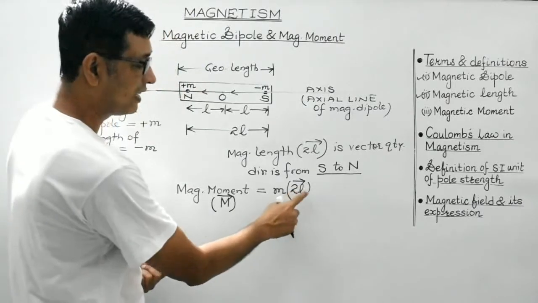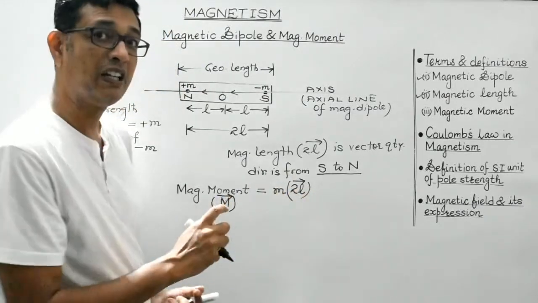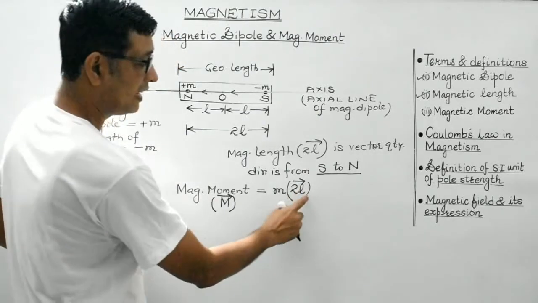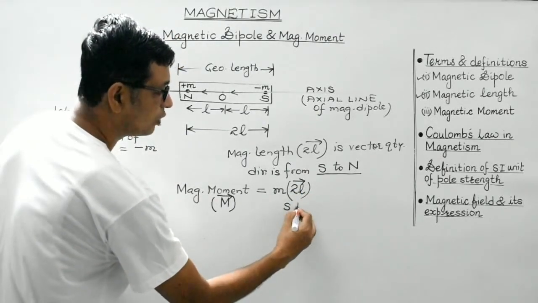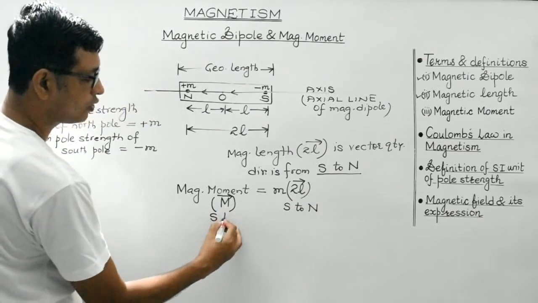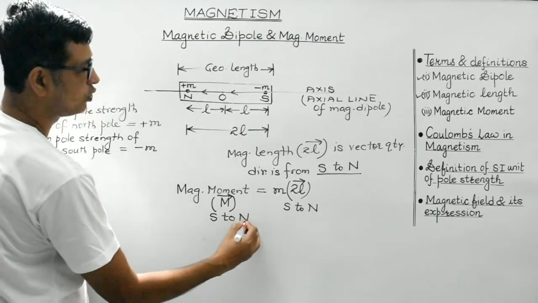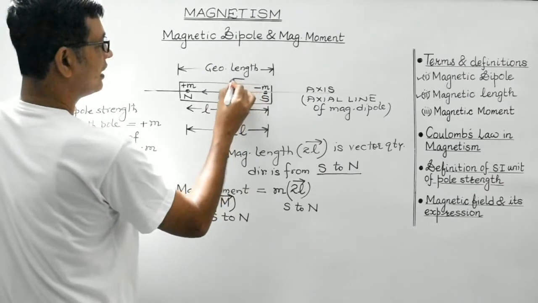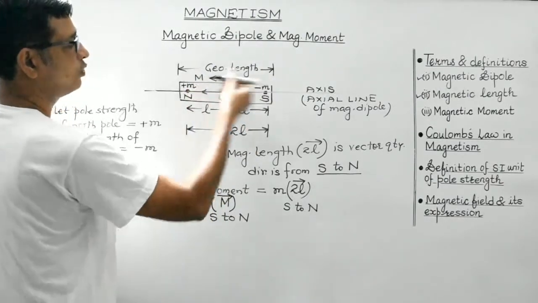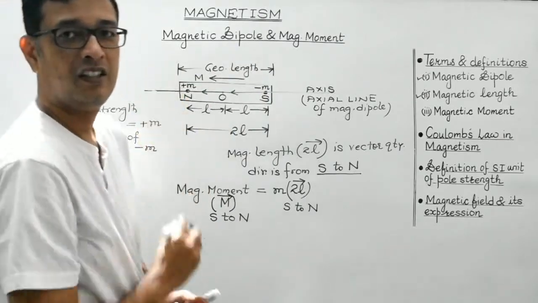Since magnetic length is a vector quantity, magnetic moment must also be a vector quantity. Magnetic length is directed from south to north. Therefore, magnetic moment must also be directed from south to north. So, this is the direction of the magnetic moment, that is from south to north.